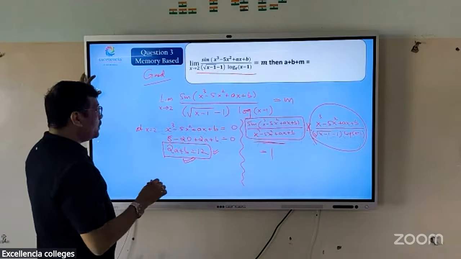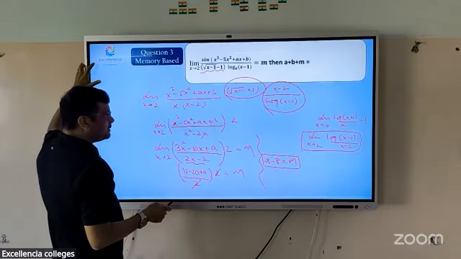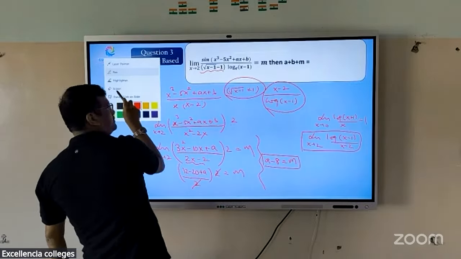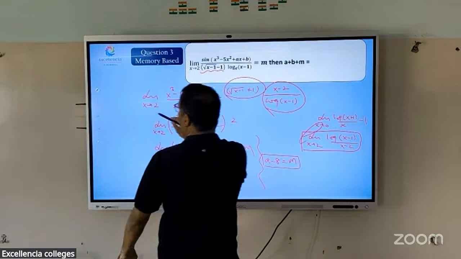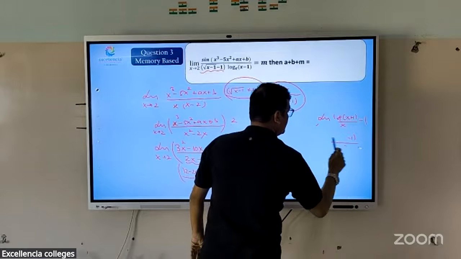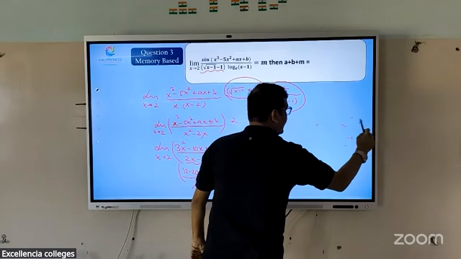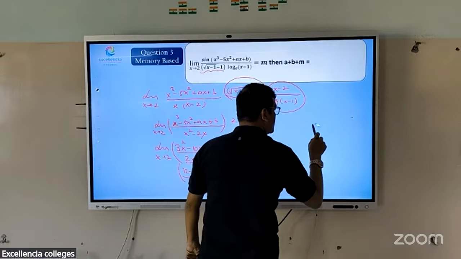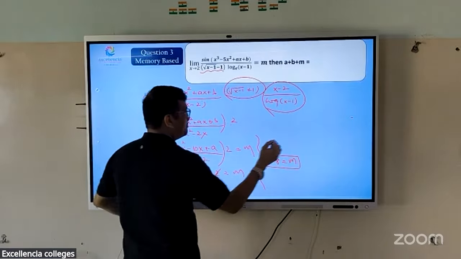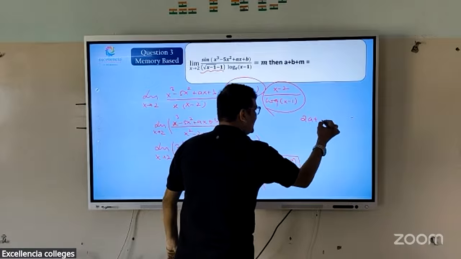So I'll take this out. 2a plus b is 12, and this condition because of the value. So first is plus b, other is a minus a.